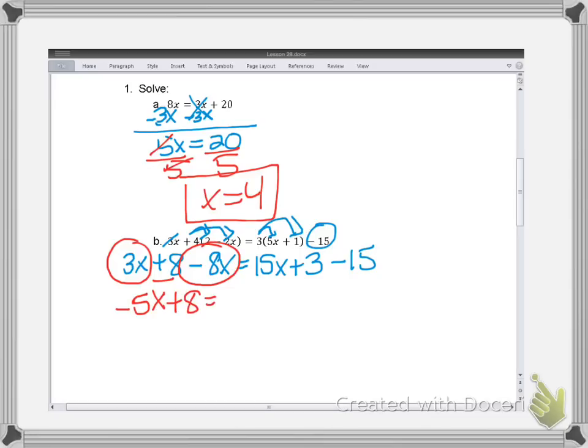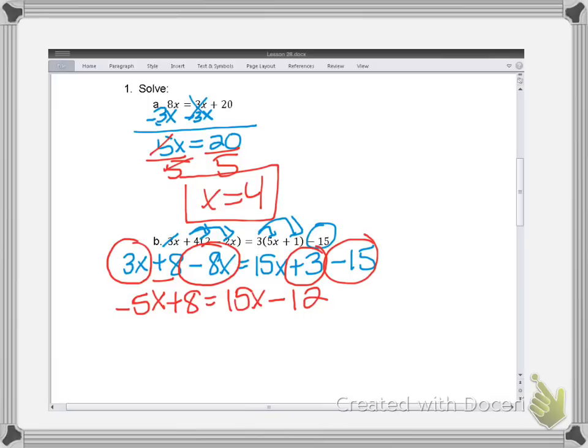And on the other side of the equal sign, we have a 15x. There aren't any other terms with x in them, so the 15x is going to stay the same. But we can combine this plus 3 and minus 15. So 3 plus negative 15 would be negative 12. So we have 15x minus 12 on that side now.